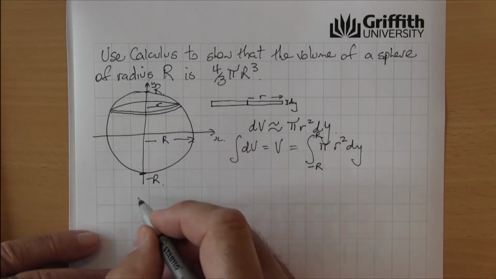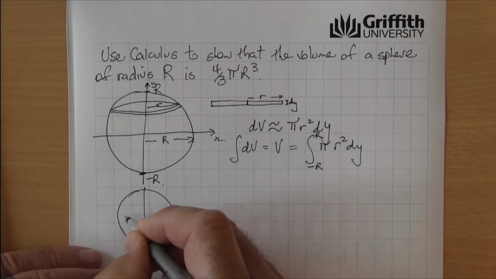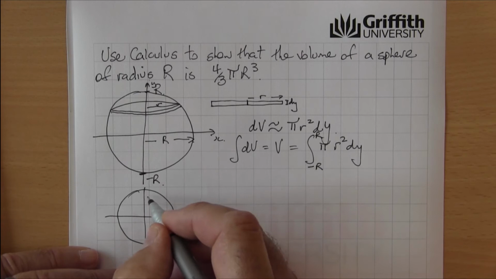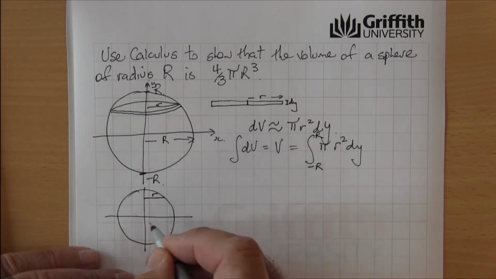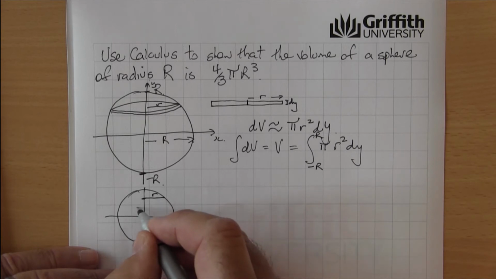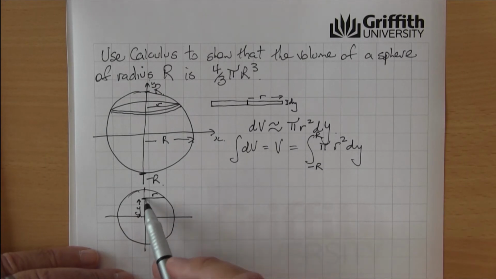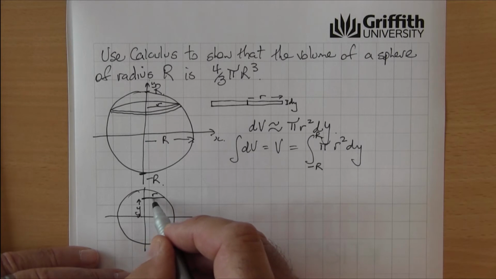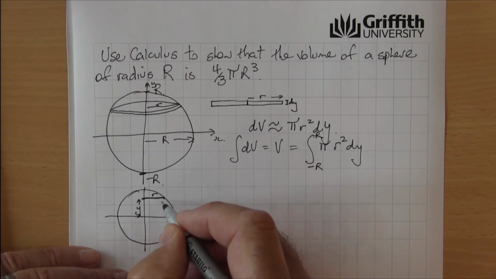So if I had another side look here, there's my x and y. So here's my radius R, and this is y units above. So if I've travelled y units above the origin here, here's my sliver, it'll be right all the way through, but at a radius of r.